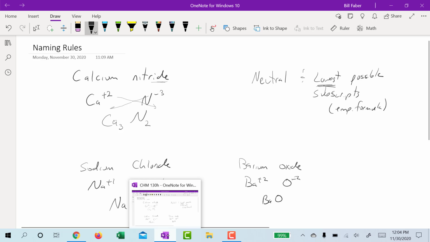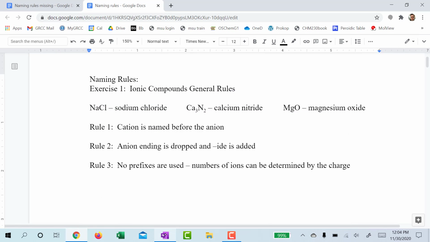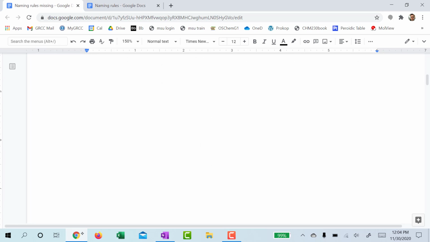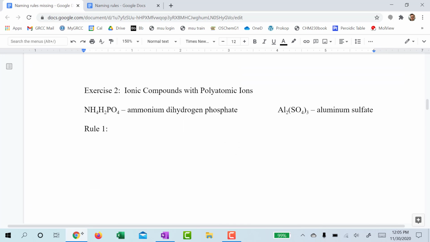Okay? Now, let's do another one. Let's try another set with the missing rules. So we know the rules for general ionic compounds. Now, here is something to think about when they have polyatomic ions. Notice this one is ammonium dihydrogen phosphate.